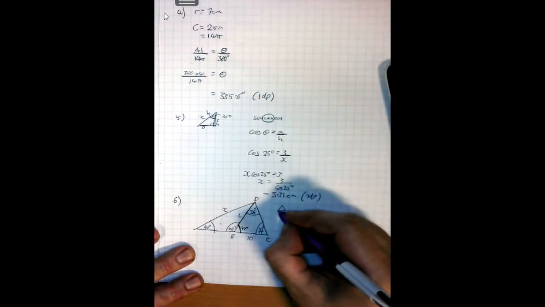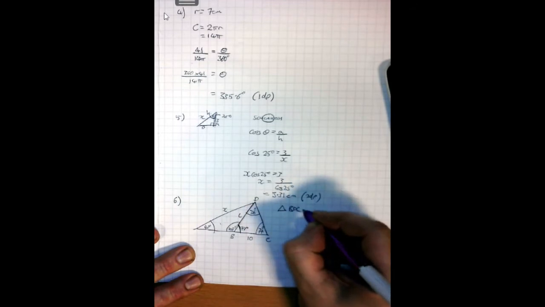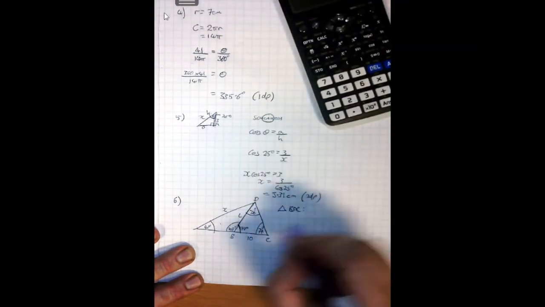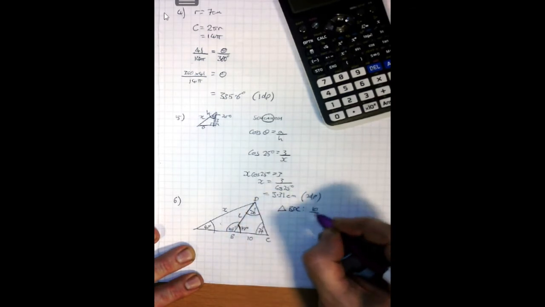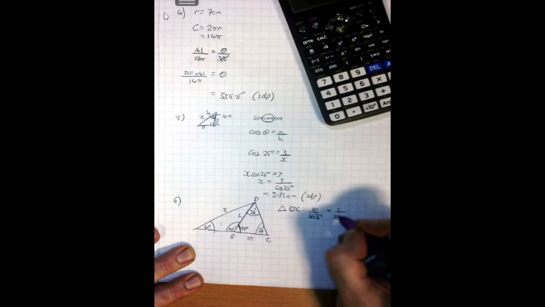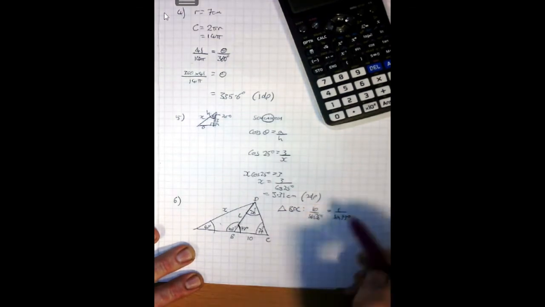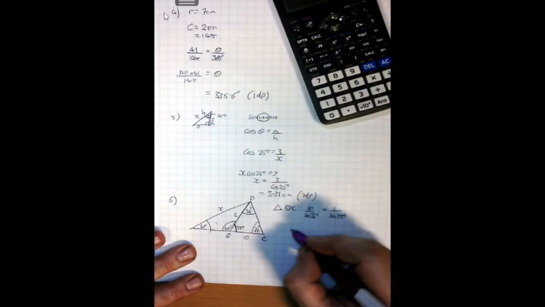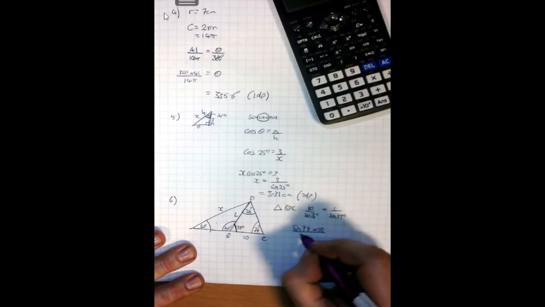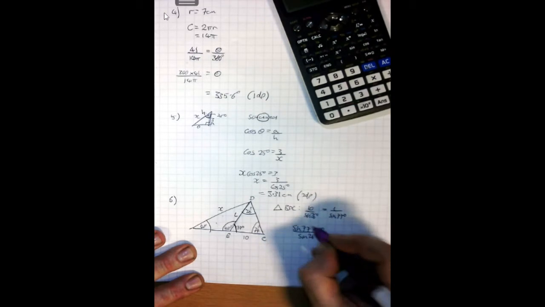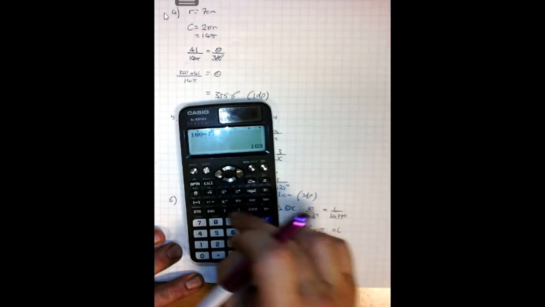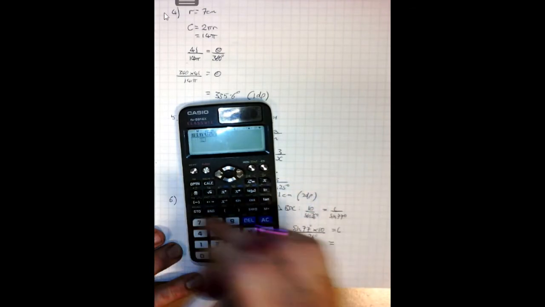So let's call that L. In triangle BDC, I'm going to use the sine rule. 10 over sine 26 equals L over sine 77. Multiply both sides by sine 77, I get sine 77 times 10 over sine 26 equals L.